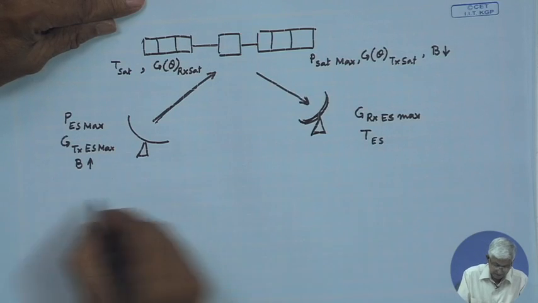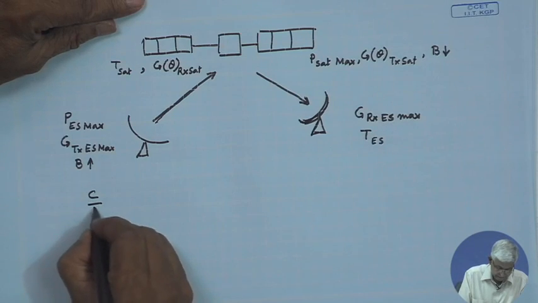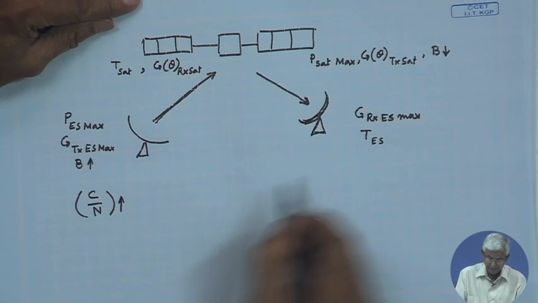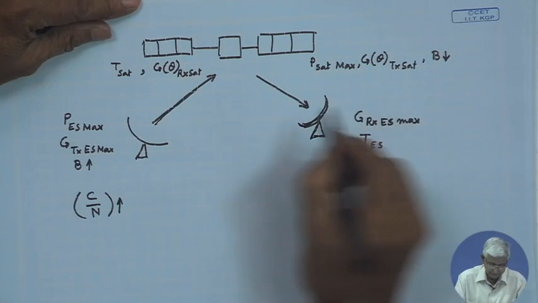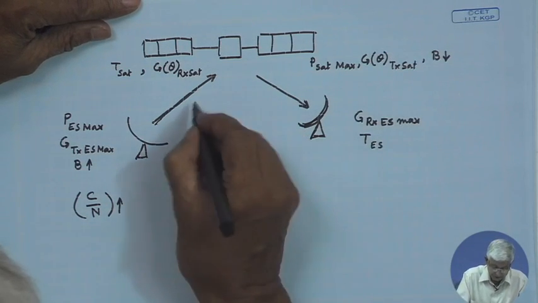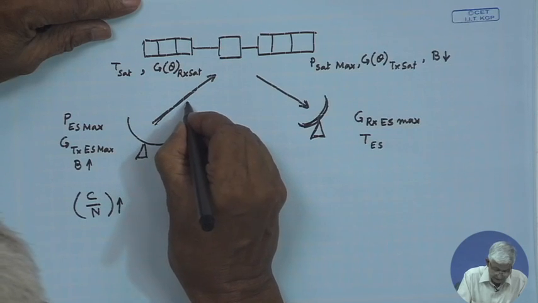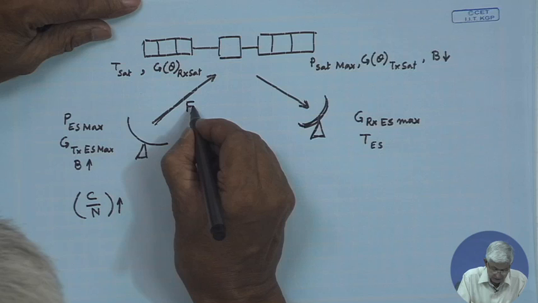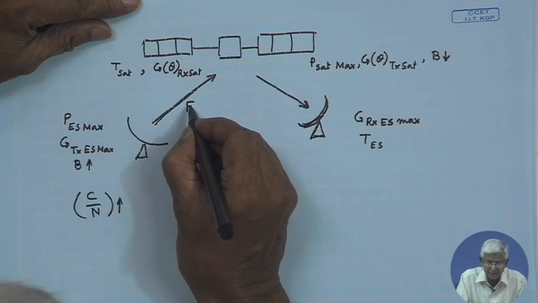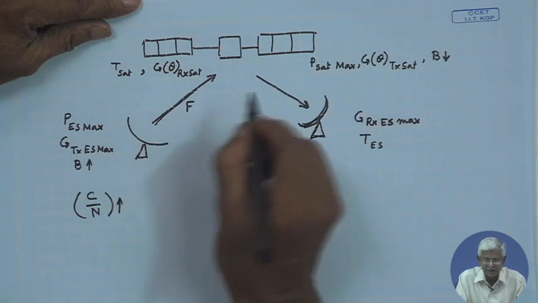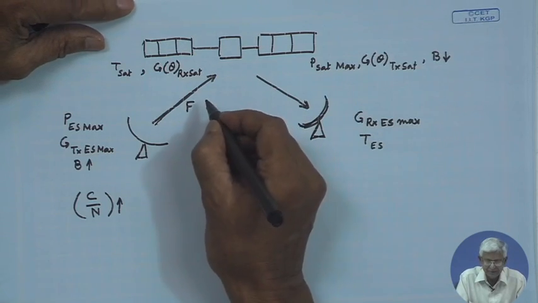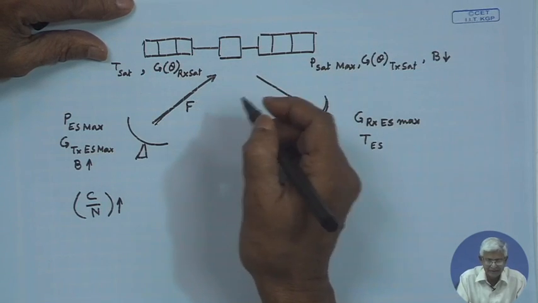So, in dB if I write it, C by N, instead of up I am putting an upward arrow, instead of down we will put a downward arrow. And of course, there are two more things we skipped. Let us write the loss, which all these days we have been writing as path loss. Here I am introducing a new term, because in many books it is written in another form.